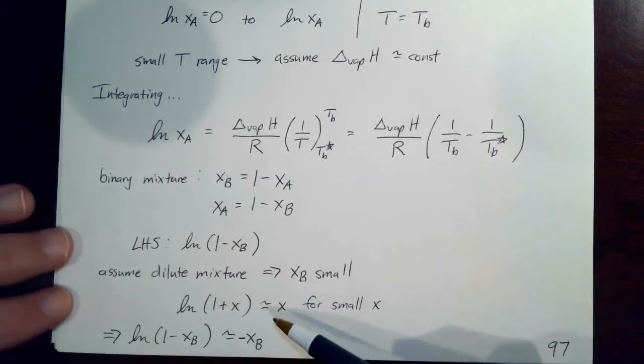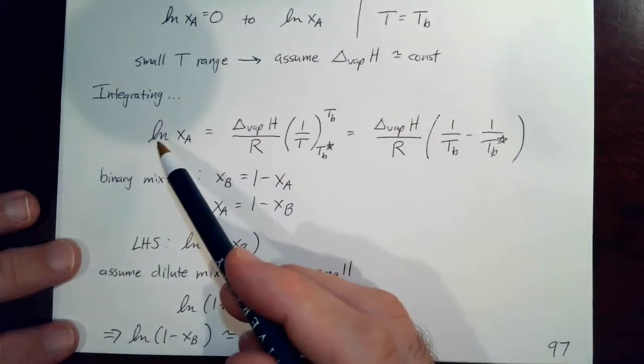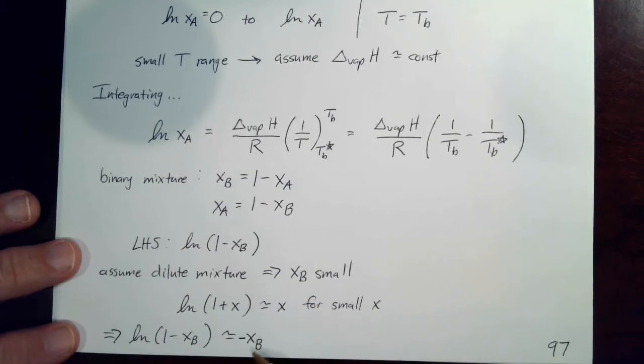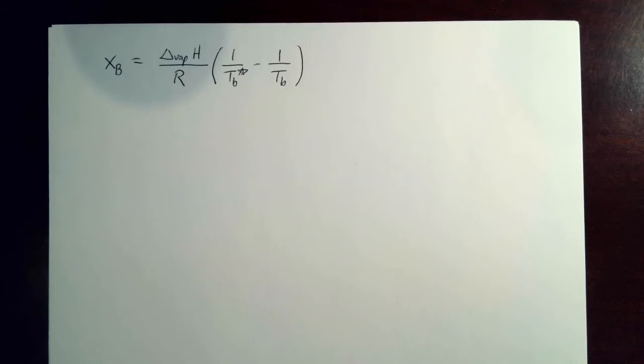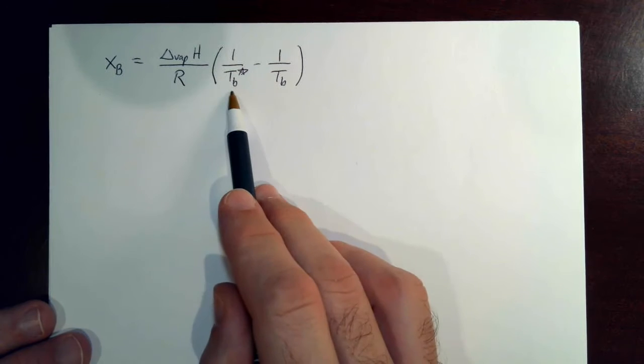All right, so I'm going to take that and put it back up here. And I'm going to go ahead and multiply both sides by a minus 1. So that would cancel the negative in front of the xb, and it would flip the order of my subtraction over here. Okay, so this is the equation that we end up with. And I'm going to make another simplification. Remember I briefly mentioned that this temperature interval between TB and TB star is small.